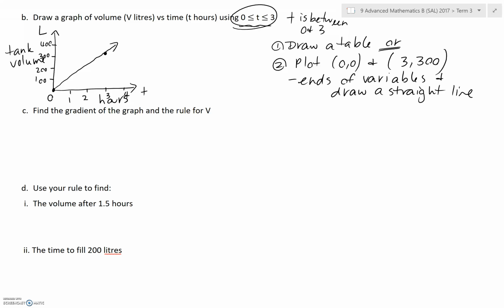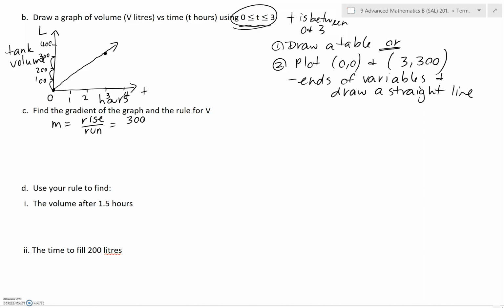Find the gradient of the graph and the rule for V. Gradient first. If we use rise over run, we can use those 2 points and the values we have to find this. If our first point is 0 and our second point is at 300, our rise is going to be 300.